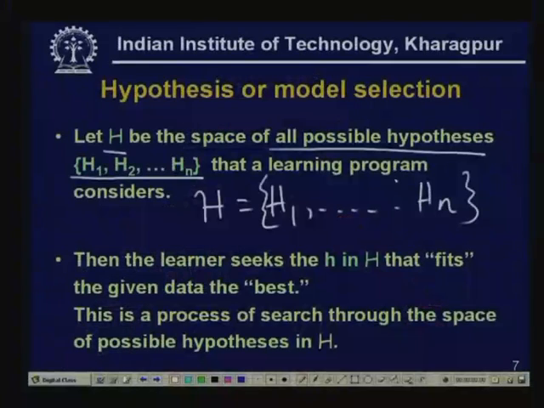So, the objective of the learner is to find a hypothesis h, which is a member of the hypothesis space H, which fits the training data the best. We will see what we mean by fitting the training data later. So, in order to identify a good hypothesis or the best fit hypothesis from the hypothesis space, the learning algorithm has to carry out some form of search through this space of possible hypotheses.